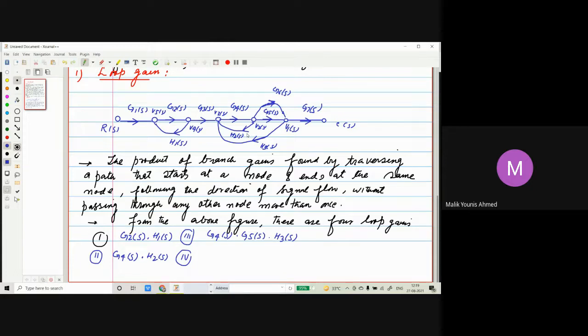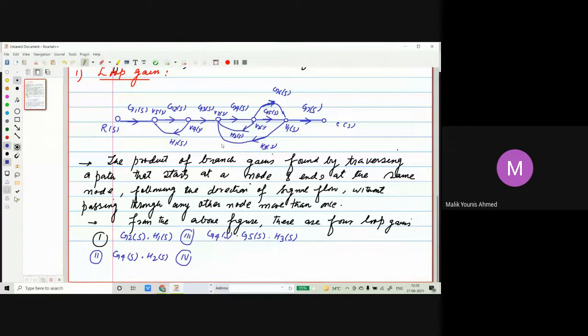G4, G6, and H3 should be the same. Just a second. Earlier, what was this? G4, yes. Now, this bigger node is there. Oh, I think we have G4, G5, H3. Just a second. Yes, G4, G5, H3 is correct.